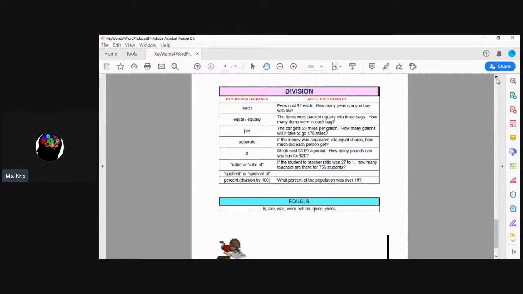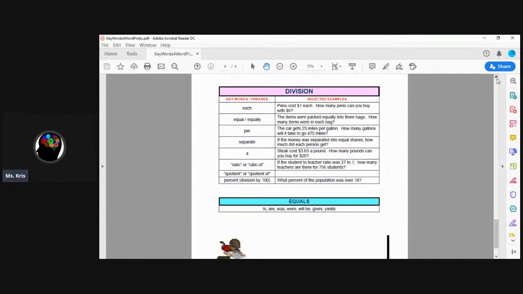So if you have a population of 250 people, and of those 250 people, you have 100 people that are over 18. That's a lot of people that are under 18, but 100 people over 18.